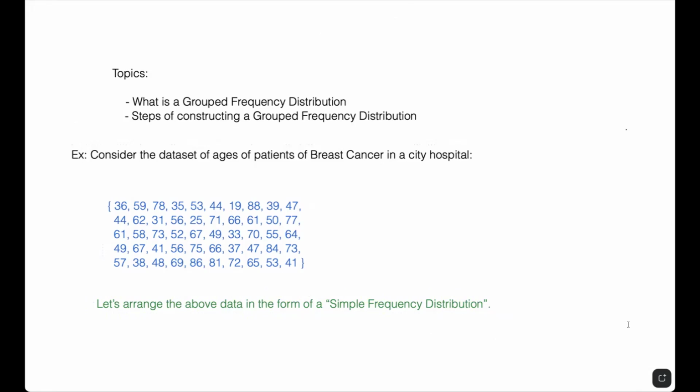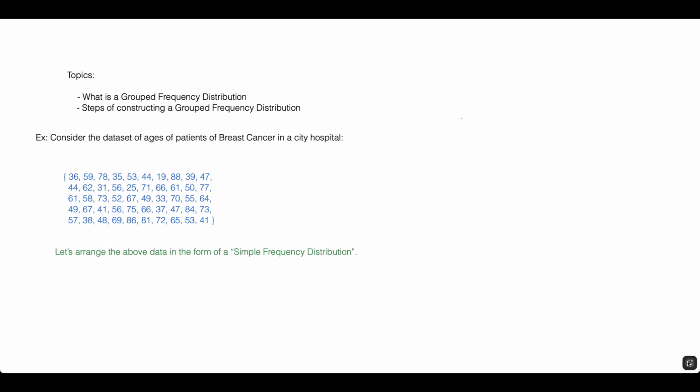So let's see how the table would look when we do that. I'll write the table here. Let's list all the values in ascending order of age, and we have age and frequency.